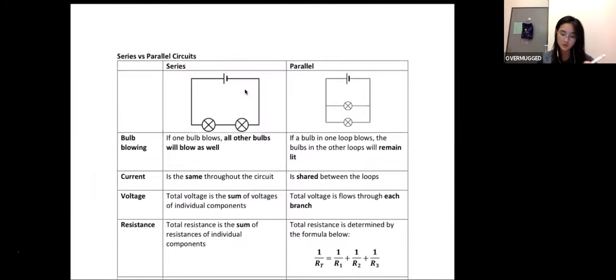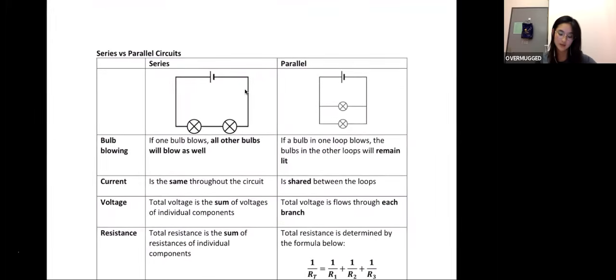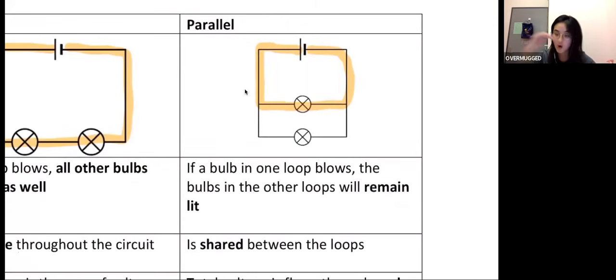Now we are going to explore series versus parallel circuit. This is arguably one of the biggest parts of this topic. First of all, how do you identify if it's a series or parallel circuit? For a series circuit, if you trace the current from the power source all the way back, from the positive to the negative end, you will pass through all the wires. So there's only one main wire. But for a parallel circuit, when you trace it, you will realize, hey, I didn't pass through all my wires.